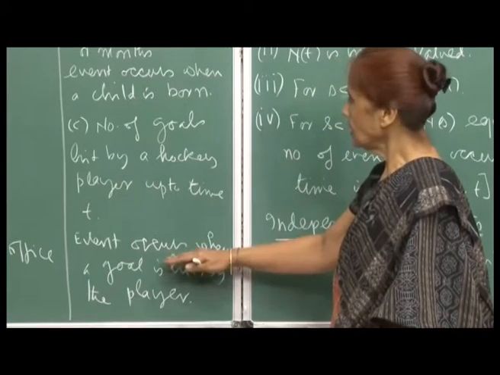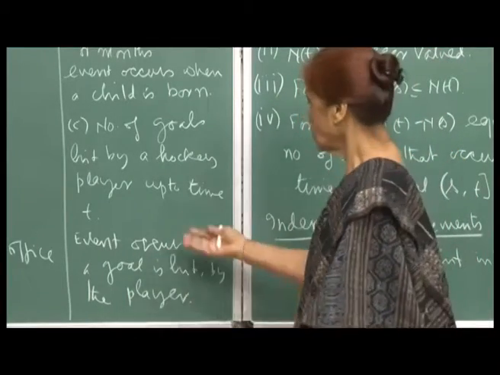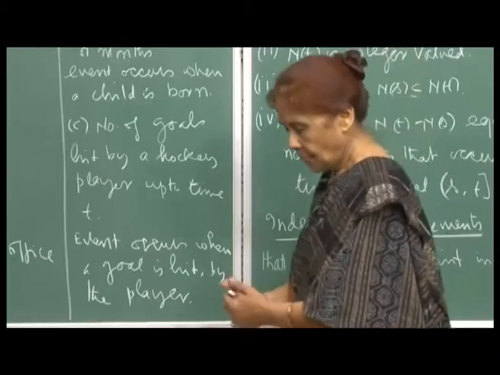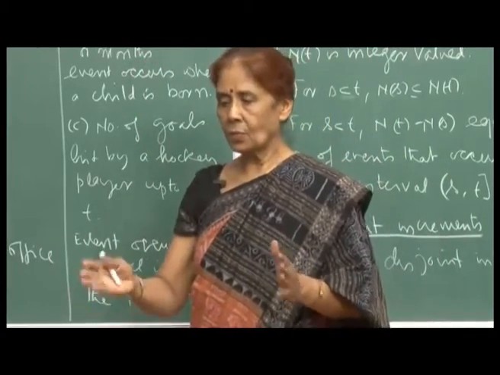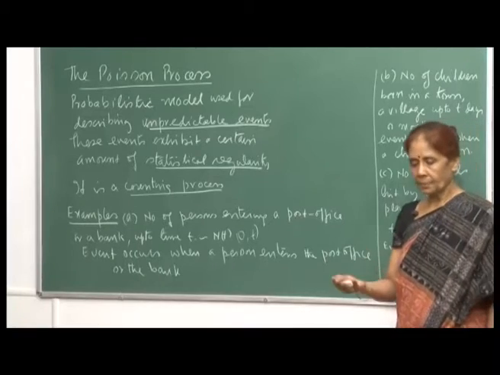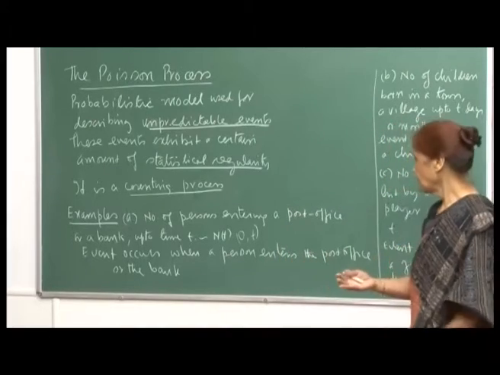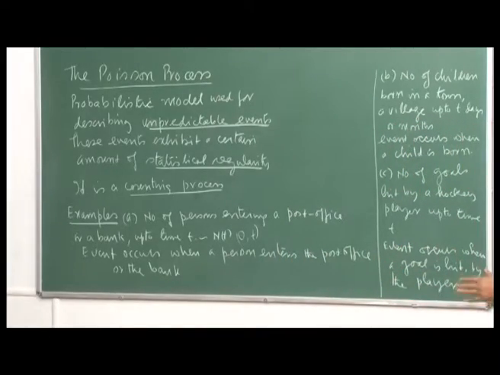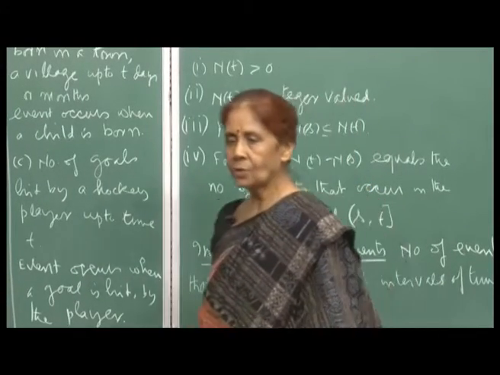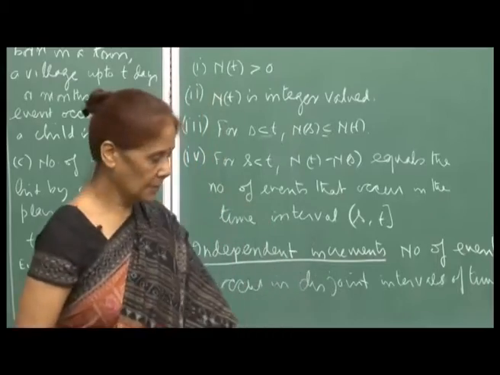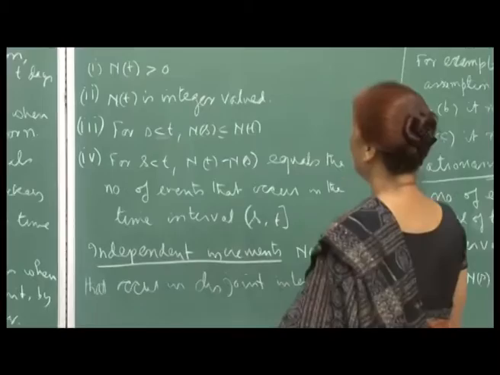Another example: if you pick a country or a place where there is a volcano, you can find the number of times the volcano erupts. Here your time span may be 5 years or 10 years, because volcanoes luckily do not erupt very often, so the time span would be much longer than for the other events.